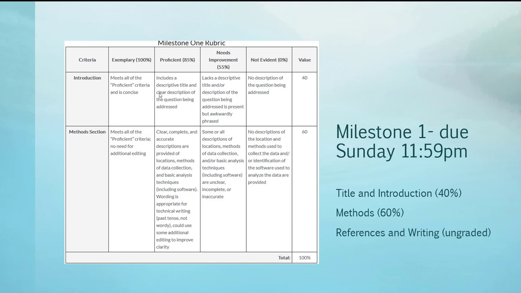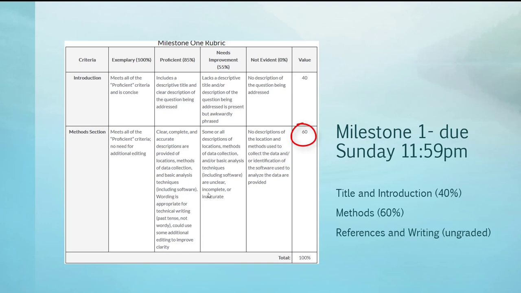So in addition to the paragraph of introduction, you'll need to have a title as well. The title and introduction section are worth 40% of your grade for this Milestone 1 assignment. The methods section is worth 60% of your grade.